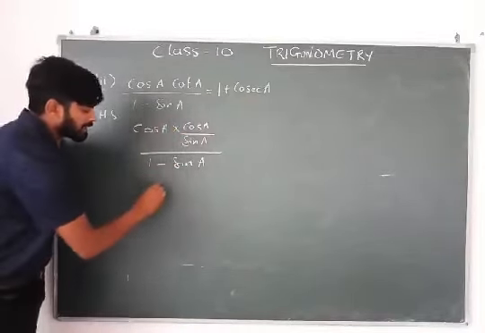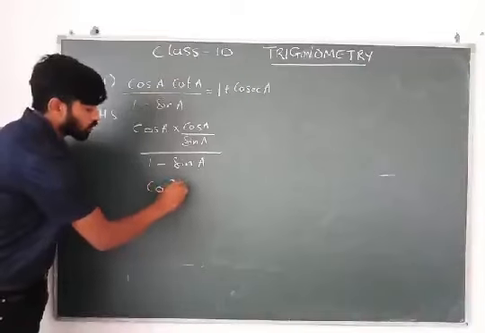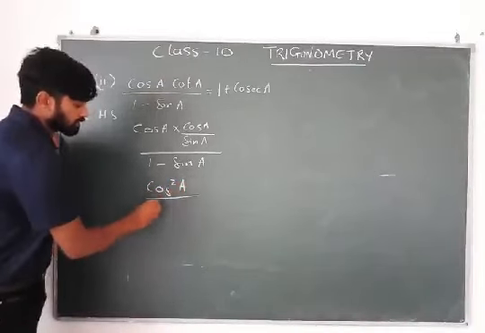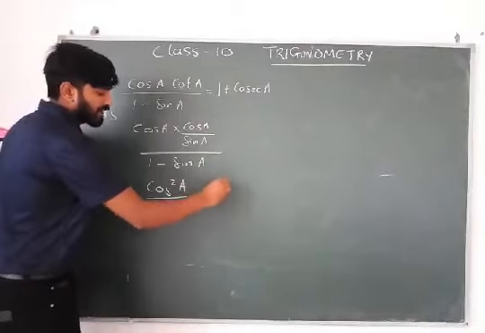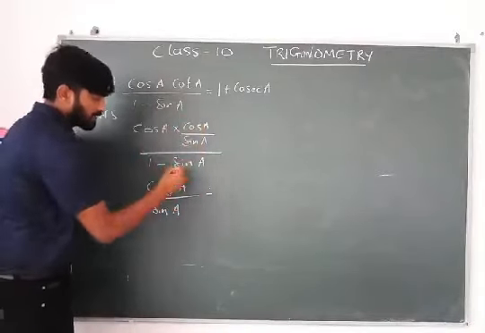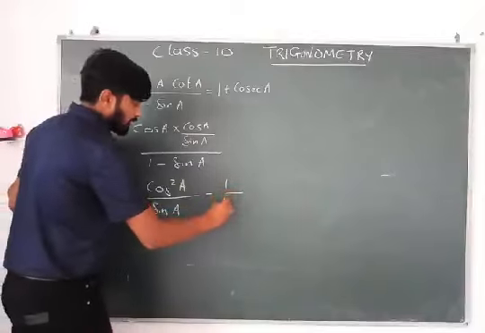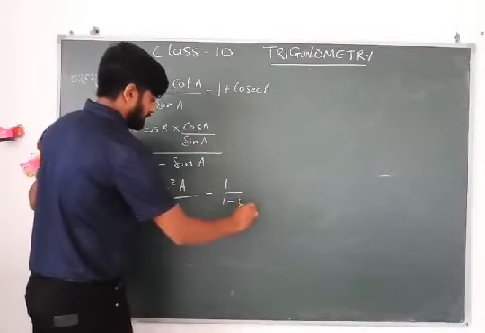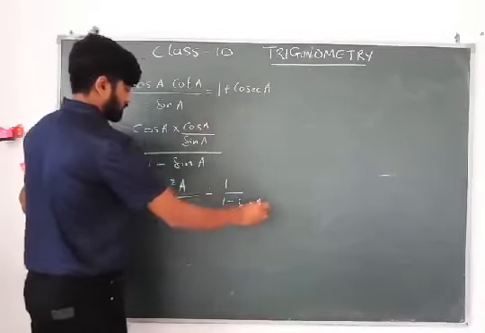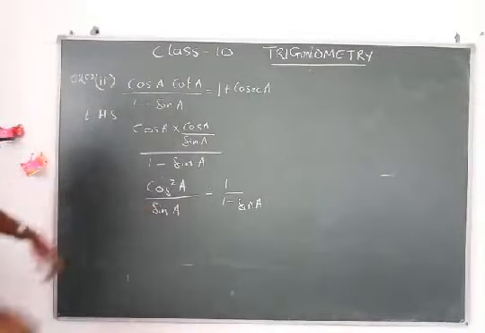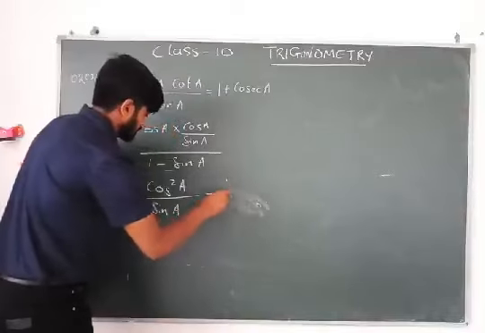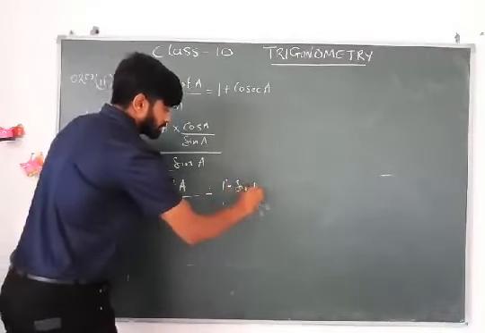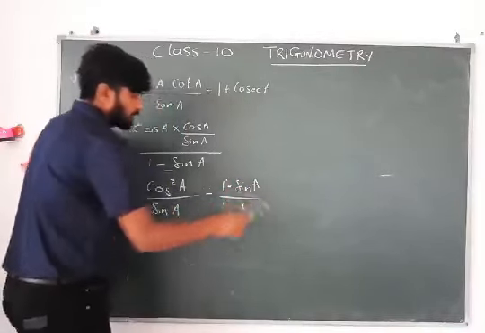Now, if I multiply this, I will get cos square A over sin A. And what is it getting divided by? This whole thing is getting divided by this, so that is 1 minus sin A upon 1.